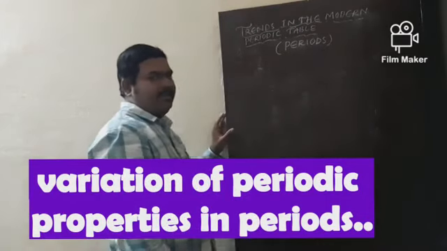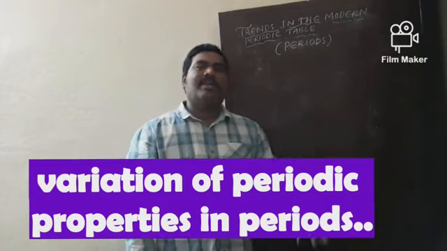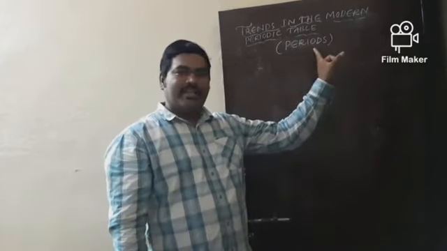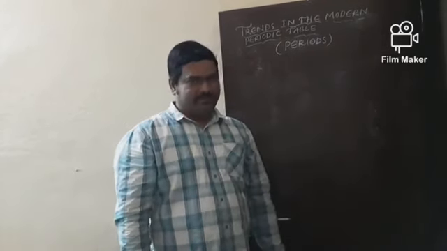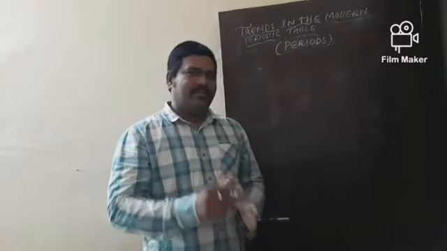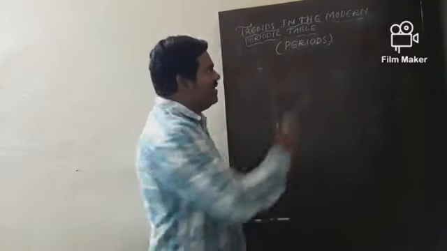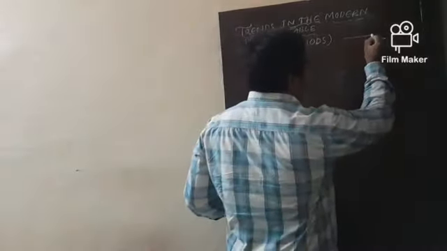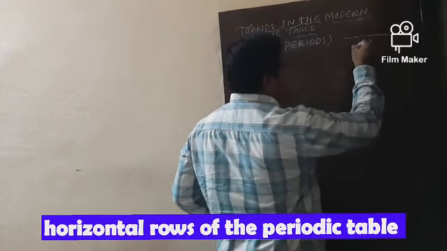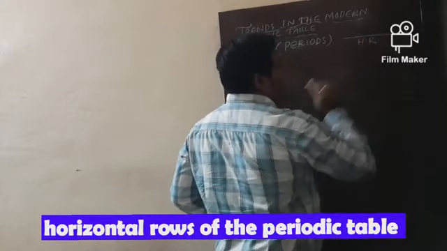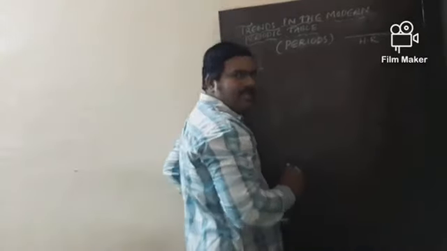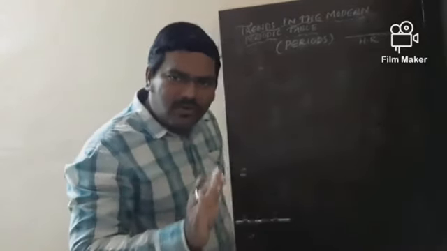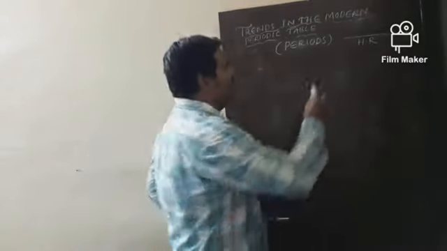Yes. First of all, let me ask a question. What is a period in the modern periodic table? What are periods? You are correct. Periods are horizontal rows of the periodic table. Every horizontal row has 2 ends.